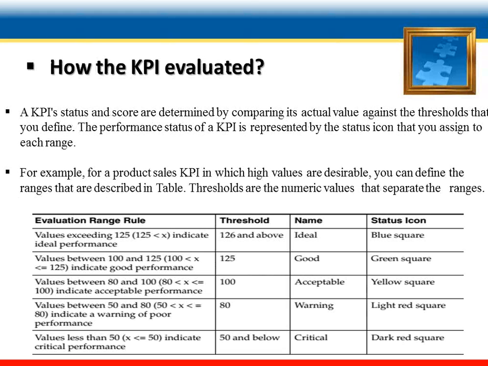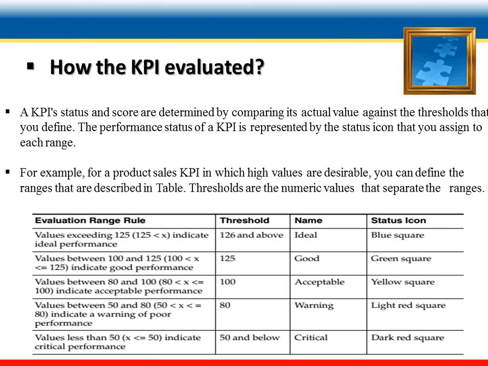So this is all about what is a KPI in OBIEE. Now I'm going to discuss how a KPI is evaluated. KPI status and scores are determined by comparing its actual value against the thresholds that you define. The performance status of a KPI is represented by the status icon, which we assign for each range.